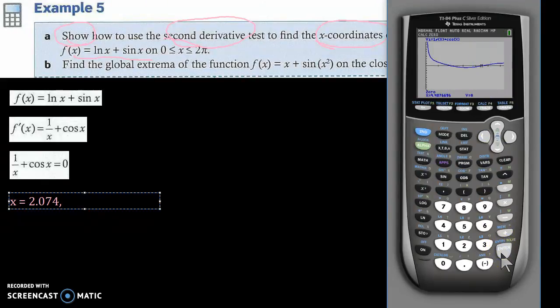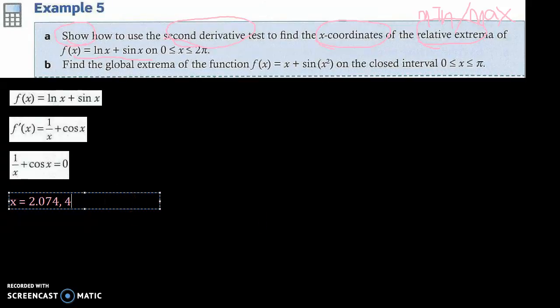So that will be 4.488, approximately. Okay. So when my x is 2.074, the slope of my f of x at that point will be 0. When my x is 4.488, the slope of my f of x is 0. In other words, they are either minimum or maximum.